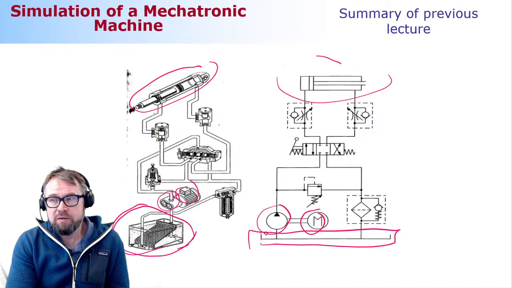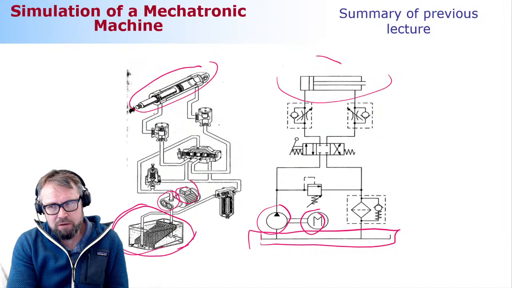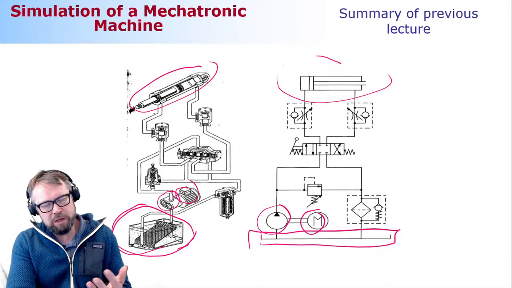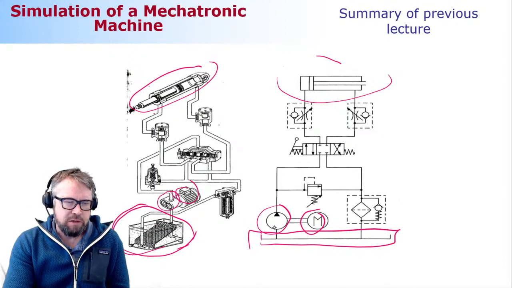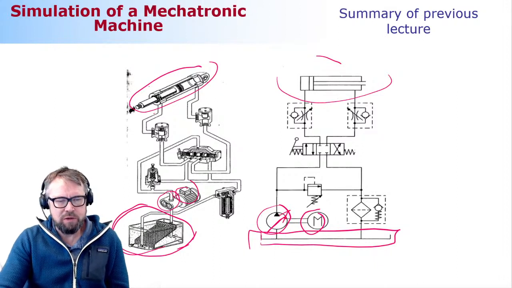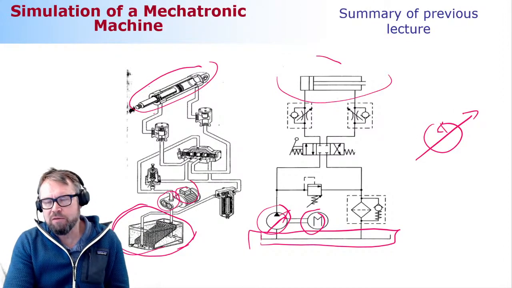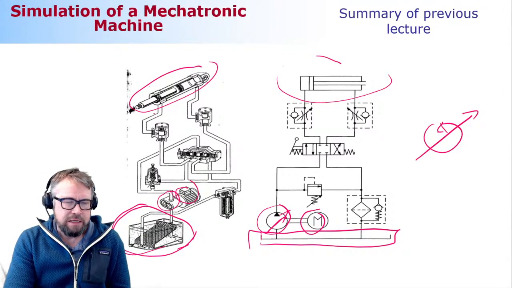This is one of the basics, very conventional pumps, but the ones that are used more at the moment, because energy is something that we don't want to waste, are variable volume pumps. The drawing symbol is maybe no longer clear to you, but there's an arrow crossing over the pump, and so on and so forth.